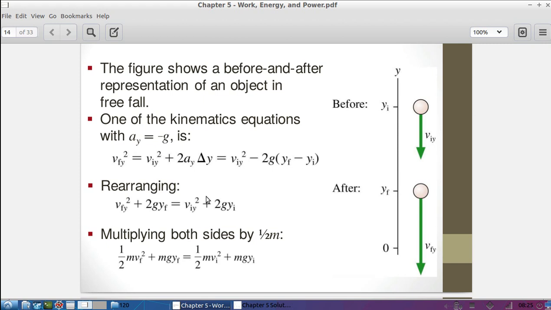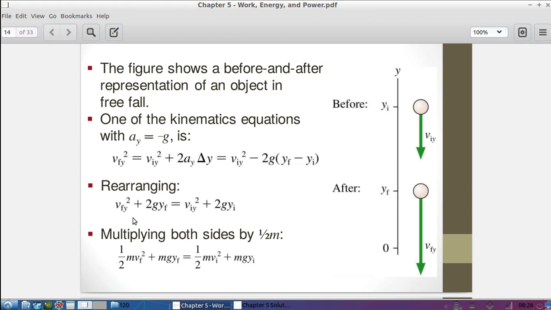So basically what we're doing here is using a kinematics equation to derive our energy terms. This is a kinematics equation we're familiar with in the y direction. This delta y is y final minus y initial. If you factor this negative 2g across, you get negative 2g y final plus 2g y initial, because I'm factoring the negative signs.